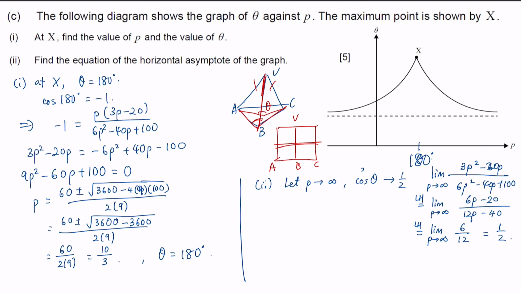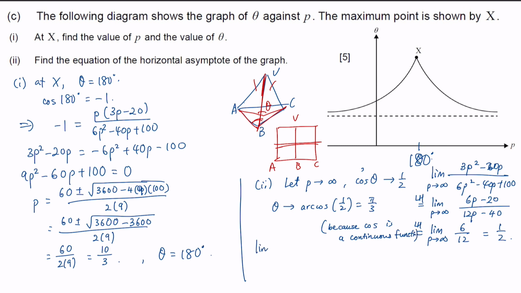But all we want is theta. So now we need to realize that theta tends to arc cosine of half, which is pi over 3. But I just want you to note that this is only true because the cosine function is continuous. If it's not continuous, it may not necessarily be true.